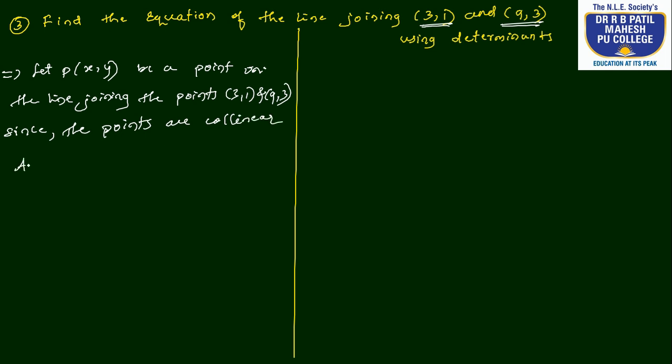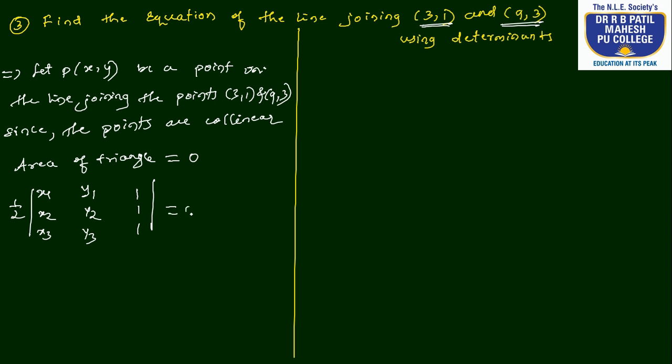If the area of the triangle is 0, then the points are collinear, and vice versa. Okay, here 1 by 2, determinant x1 y1, the formula I am writing, x2 y2, x3 y3, and 1 1 1 is equal to 0.